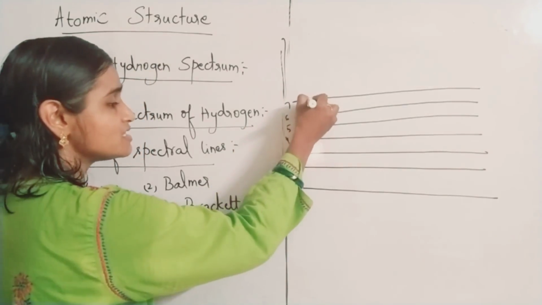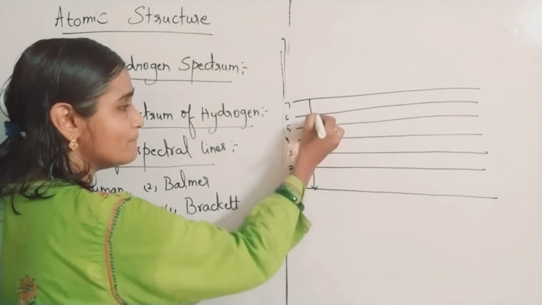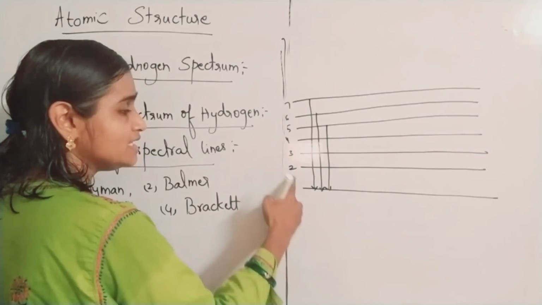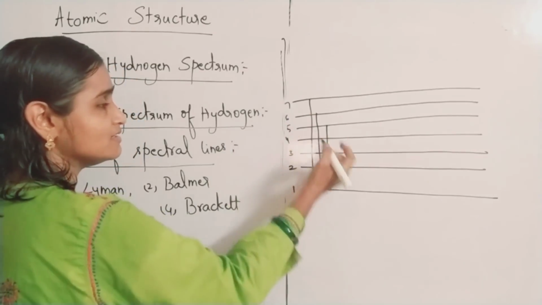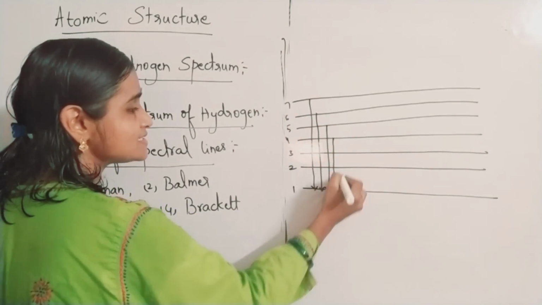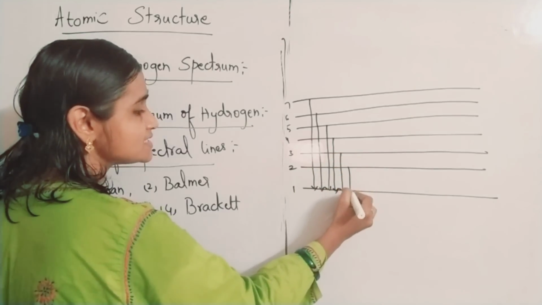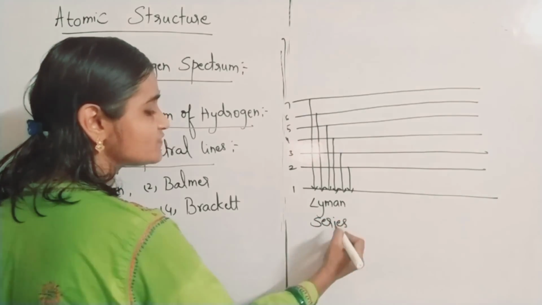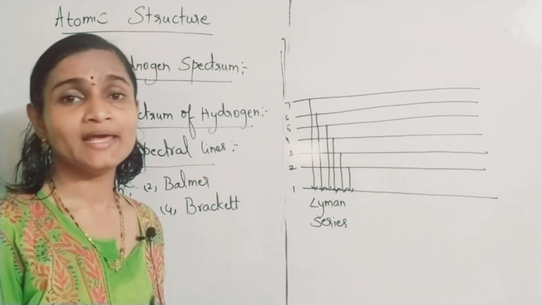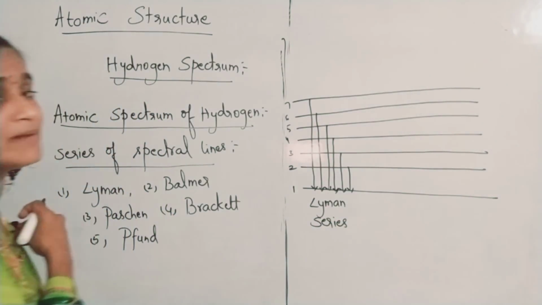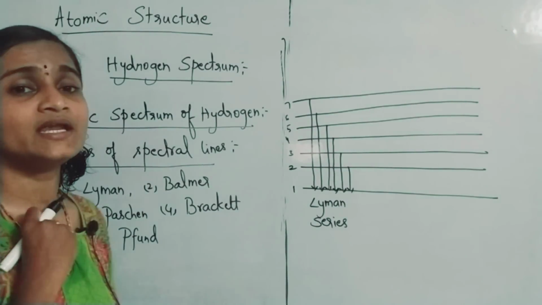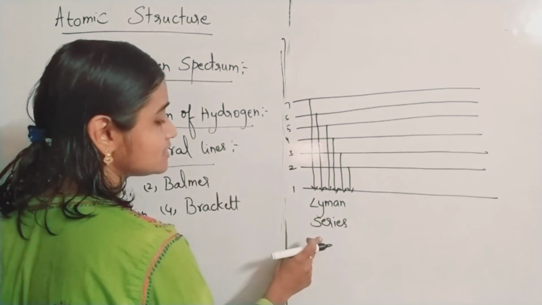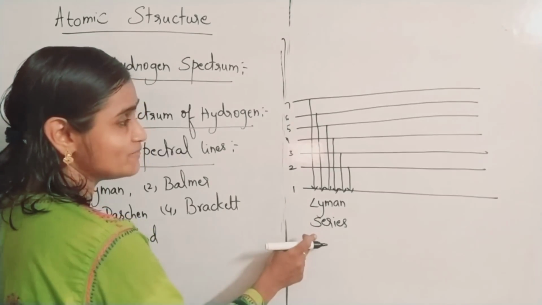If electrons go from a lower energy level to a higher energy level and then return to the ground state, from any of the higher energy levels to the ground state, then n1 is 1 and n2 can be 2, 3, 4, 5, 6, 7. All such spectral lines come under the Lyman series. The series of spectral lines formed when electrons return from higher energy levels to the ground state are called the Lyman series.